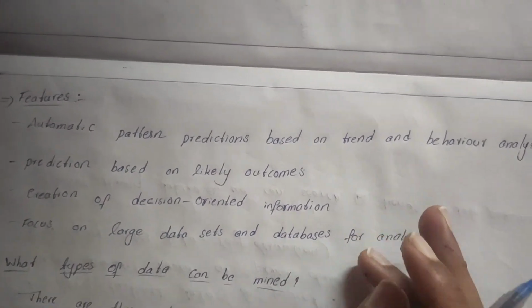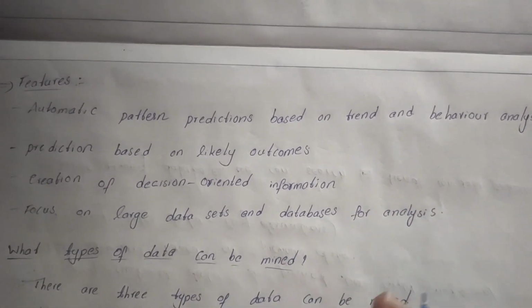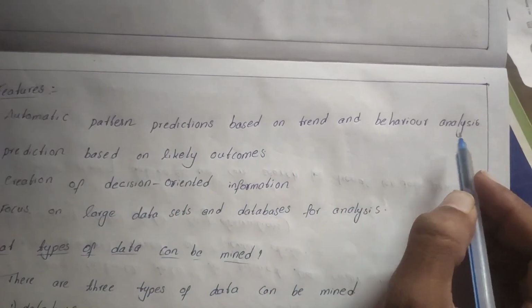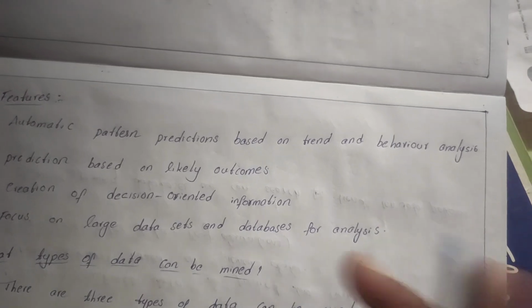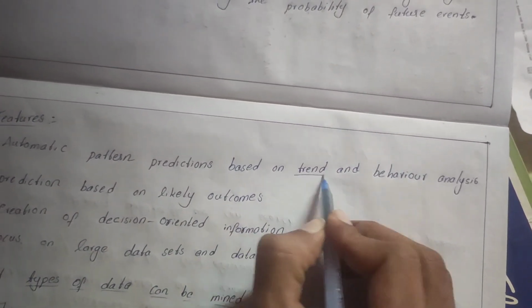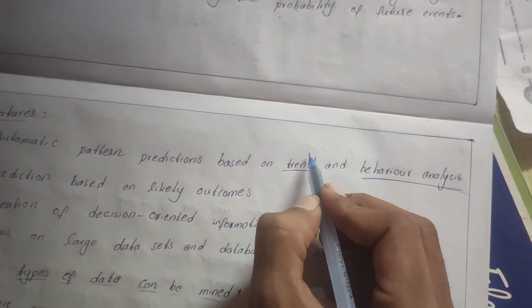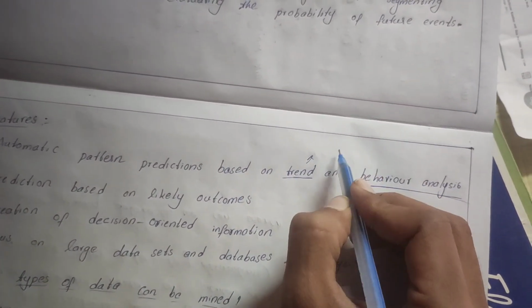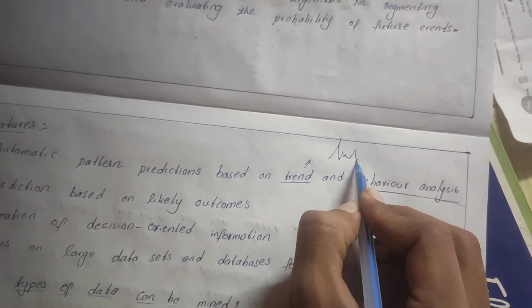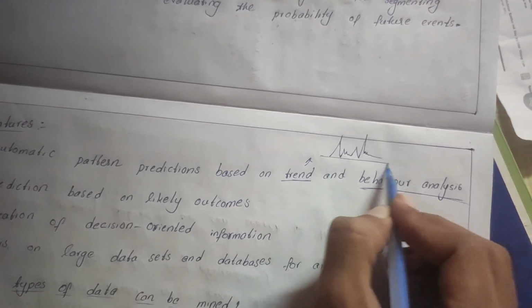Let us look at the features of data mining. First, automatic pattern prediction based on trends and behavior analysis. There will be automatic predictions, how? By trends and behavior analysis. Trends means the highest and lowest, like on a graph.